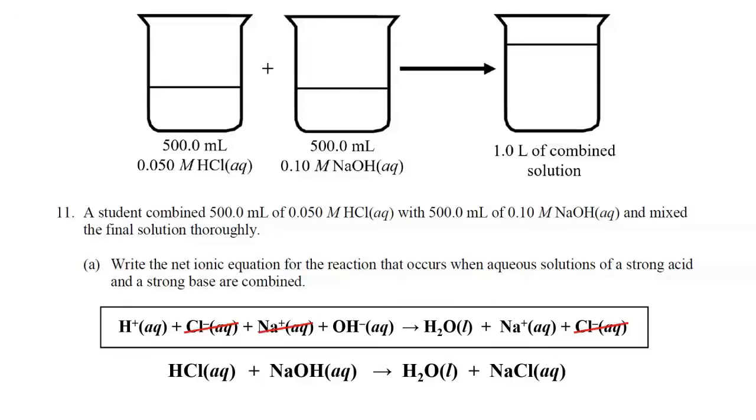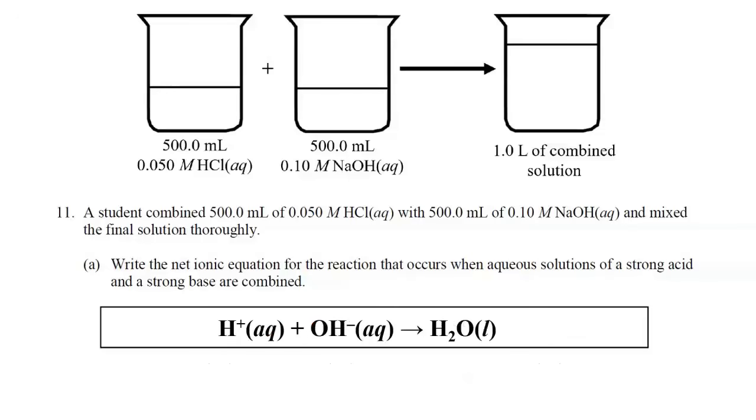I see sodium on the left and sodium on the right. And so what I have left is the H+ ion combining with the OH- ion to produce water. And this is the net ionic equation for the reaction that occurs when aqueous solutions of any strong acid are combined with an aqueous solution of any strong base.